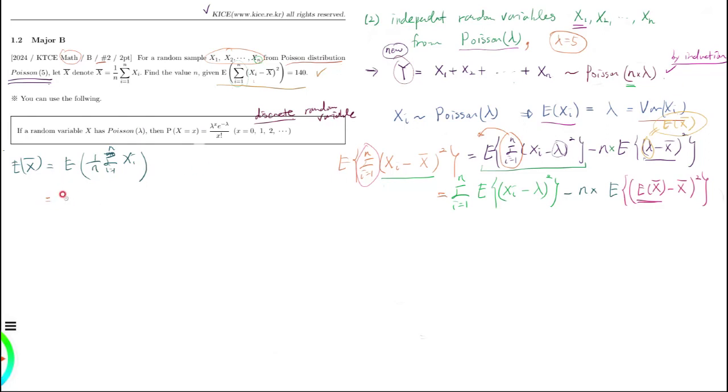And by linearity, I can pull out those two, the factor 1 over n and the sigma sign here, and take its expectation value.